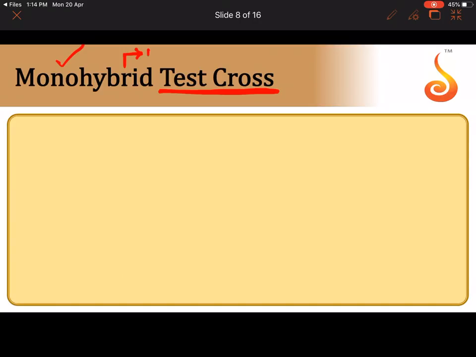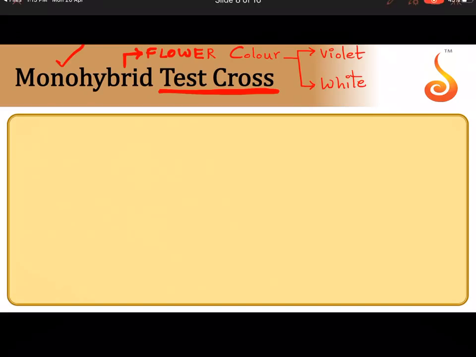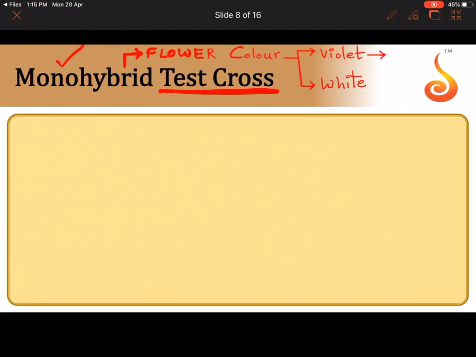I am going to consider a character called flower color, with 2 traits, violet and white. In this scheme, I'm going to give a notation for the gene controlling violet as capital W and the gene controlling white as small w. Capital W means it is dominant, small w means it is recessive.